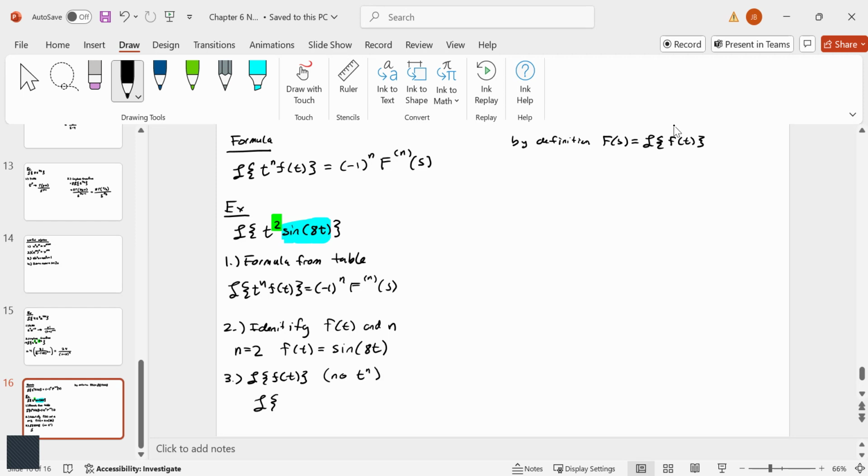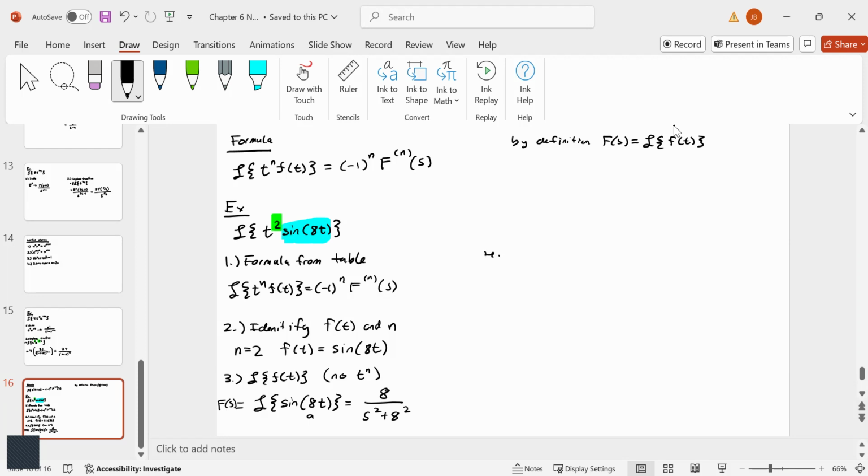So the Laplace transformation of sine of 8t, according to our table, is going to be 8 over s squared plus 8 squared, right? That's our Laplace transformation. So this right here is equal to F of s, right?